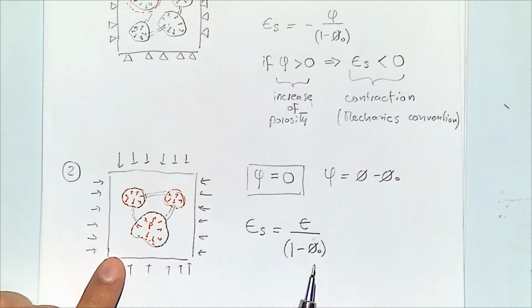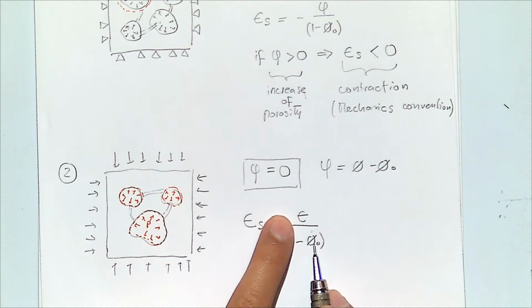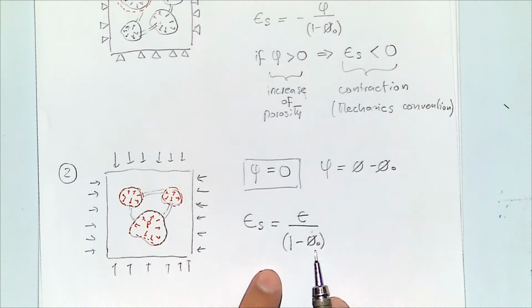So for example, if I had a porosity of 0.2, and I apply a strain of 10%, because I'm not letting the pores deform, the strain of the solid is going to be more than 10%. It's going to be 10% divided by 0.8, which is how much?